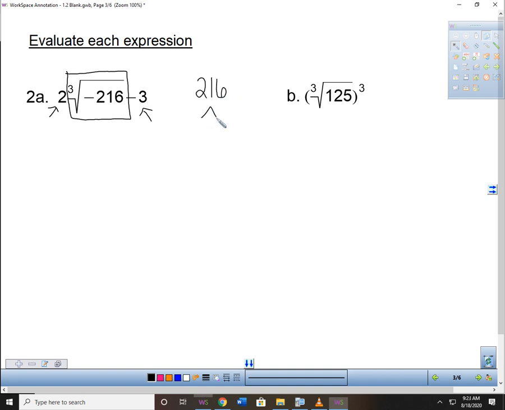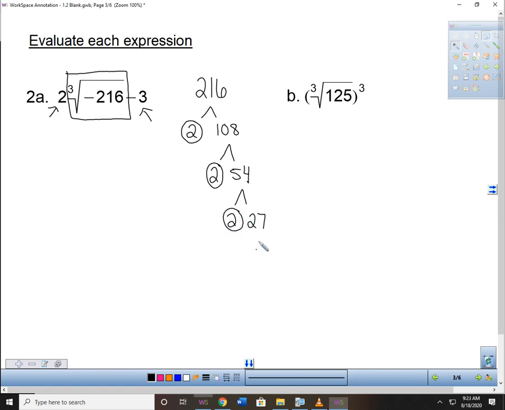All right, so 216 is even, so I know it divides by 2. So let's go with 2 and 108. 2 is prime. And then 108, that's even, so we know that divides by 2. So 2 and 54. 54 is even, so that divides by 2. So we've got 2 and 27.